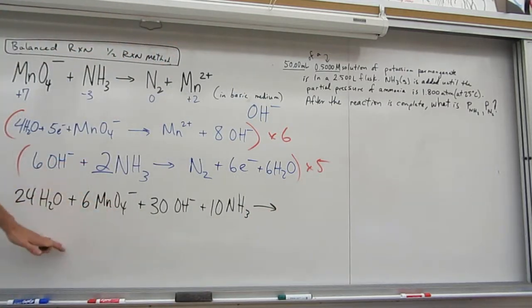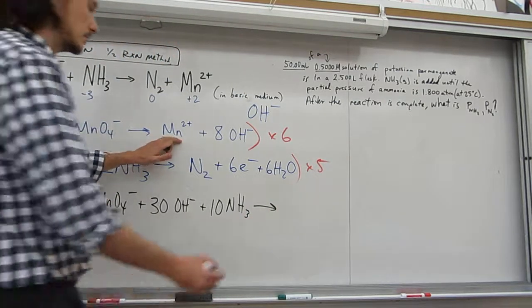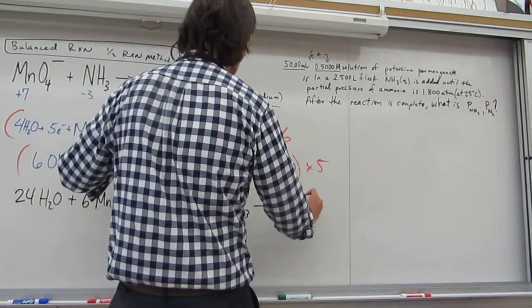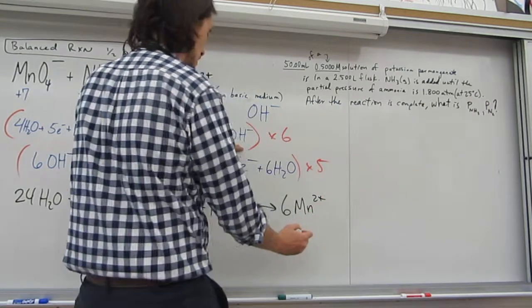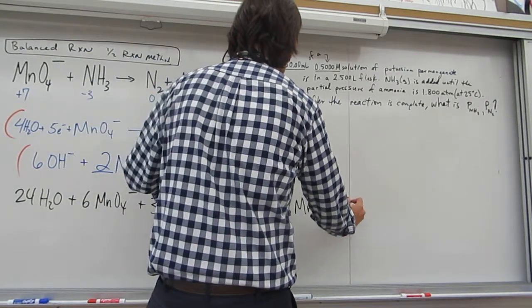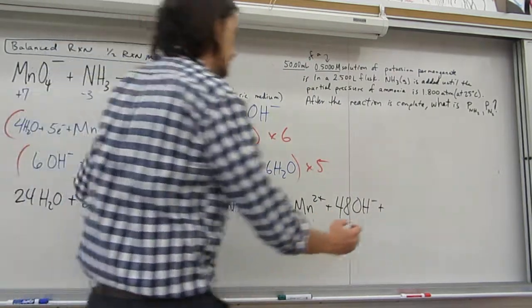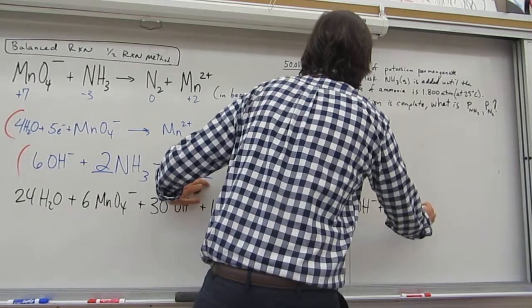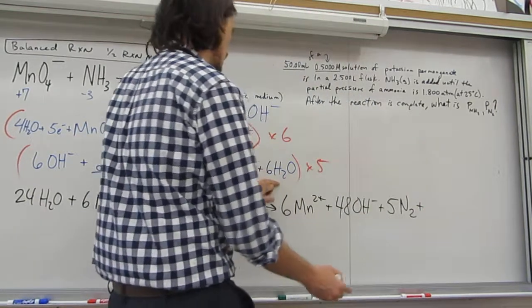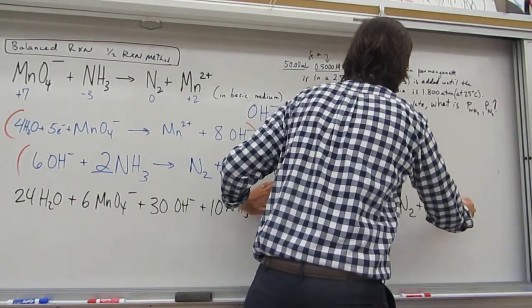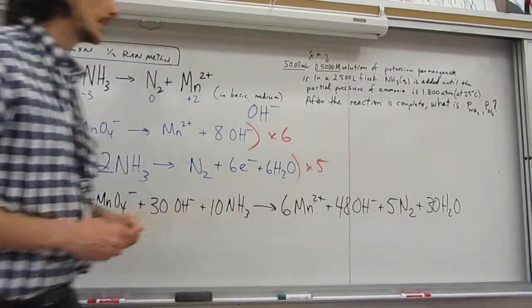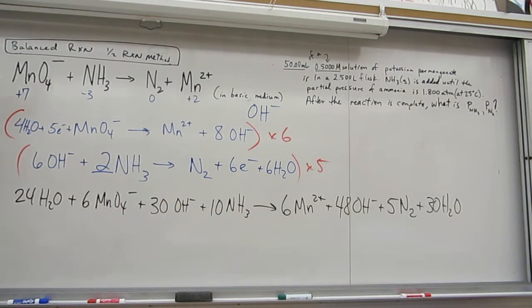Okay, so we've got all our reactants transferred. Now we need to transfer the products. All I did was take down everything, and now we need to see, does anything show up on both sides of the reaction?